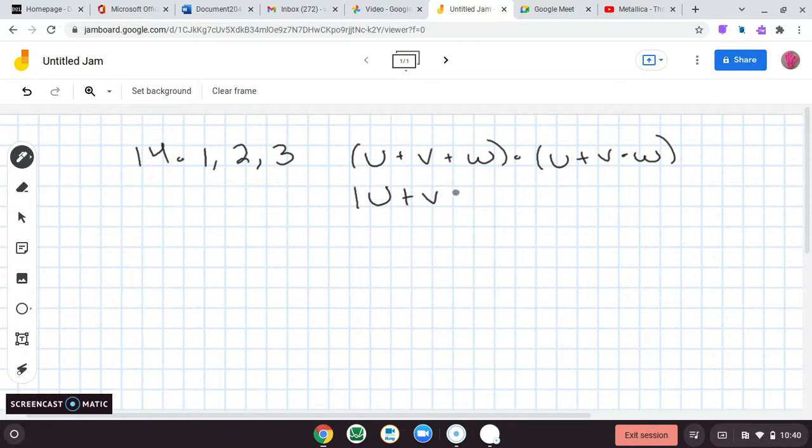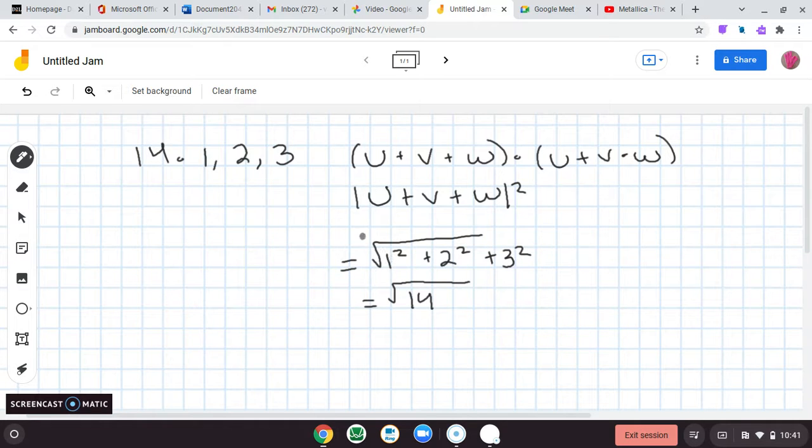That's basically the magnitude of u plus v plus w squared. And we have the magnitudes right in the question, so let's go and find that. It's going to be 1 squared plus 2 squared plus 3 squared. That's going to be 1 plus 4 plus 9 is going to be 14. Don't forget all of this is squared. The square root of 14 squared, they cancel out, it's just 14.